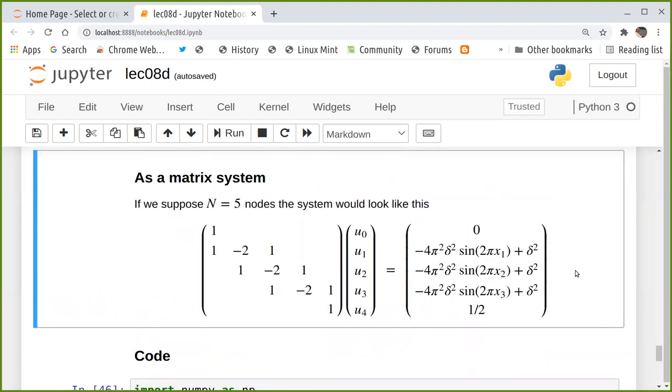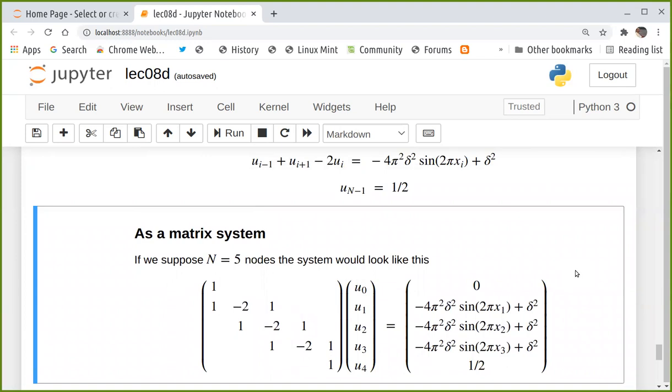Are there supposed to be 2 more ones in this, above the first minus 2 and below the second, the third minus 2, or is it supposed to be like this? No, I don't think so.